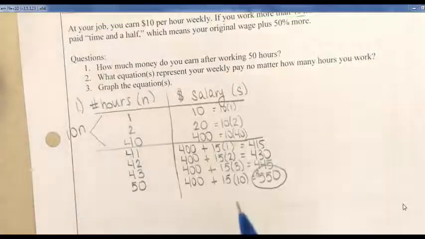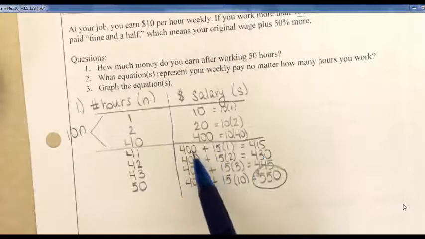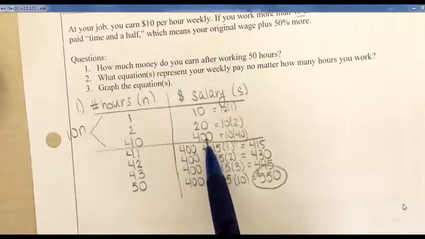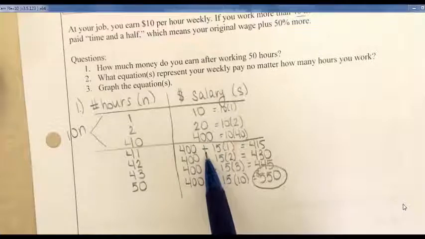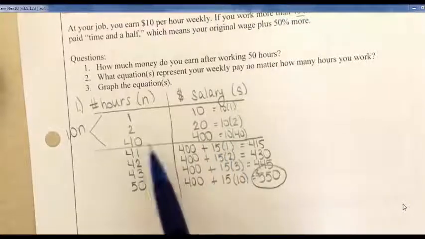Okay, well, what about the rest of this? I'm already making $400, right? No matter what, because I worked that 40 hours. But here I'm going to add to it for every hour over that 40 hours.